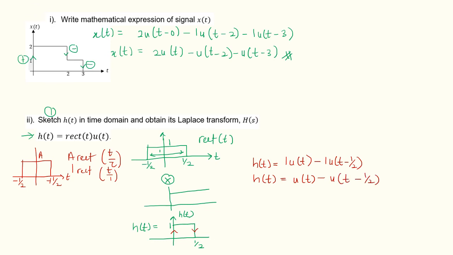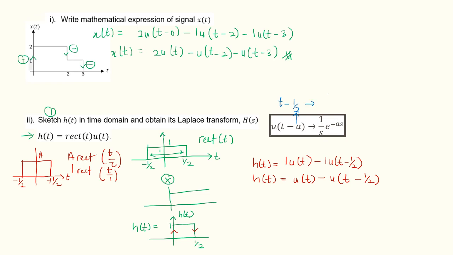Next, you need to get the Laplace transform of this equation, which is Hs. You need to refer to the table. You have time shifting here. As usual, when you have time shifting, it's t minus half, so your a is positive half.